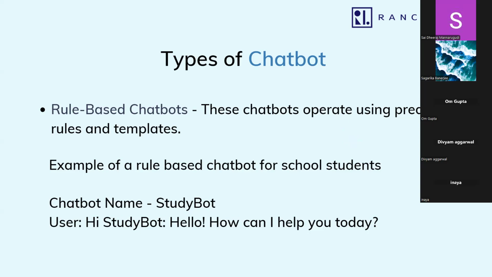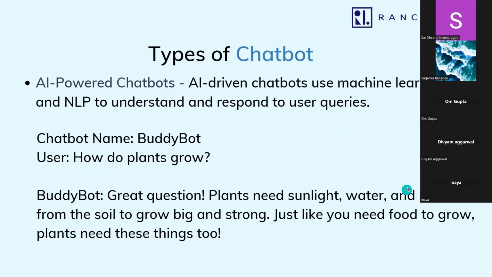It just gives a chance to select an option. That kind of chatbot is called a rule-based chatbot. If you ask a query out of the box, it is going to say, sorry, I was not trained for that. Clear? An AI-powered chatbot uses AI mechanisms so that it can train itself from its errors. For example, ChatGPT. Clear?